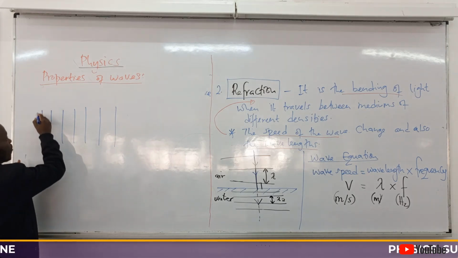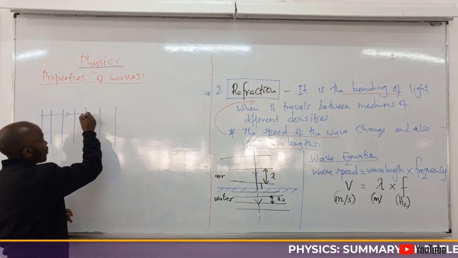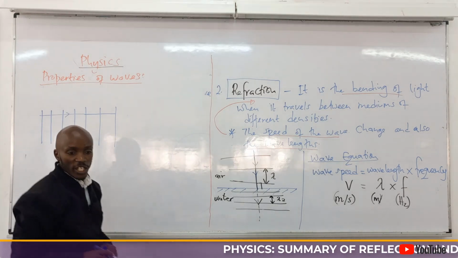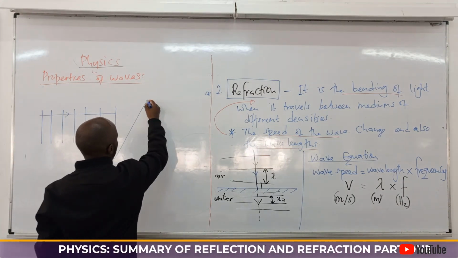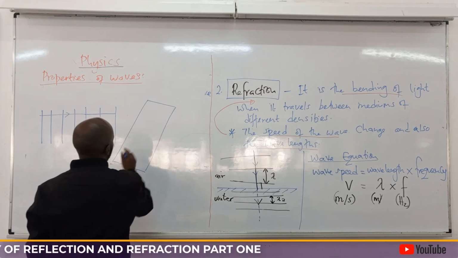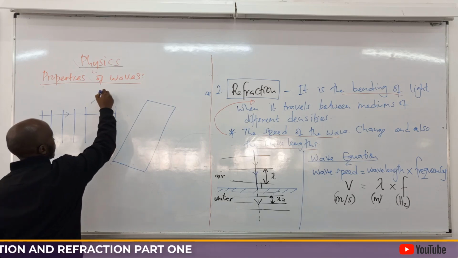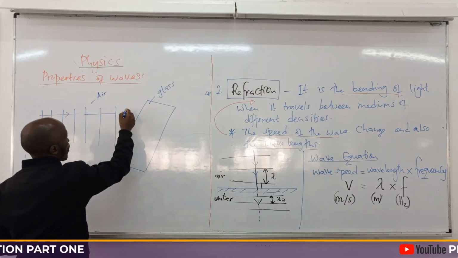So this is a wave moving in this direction. All right? So if we encounter a boundary here, meaning we can say here it was in the air, and this is a glass, and our wave goes on.